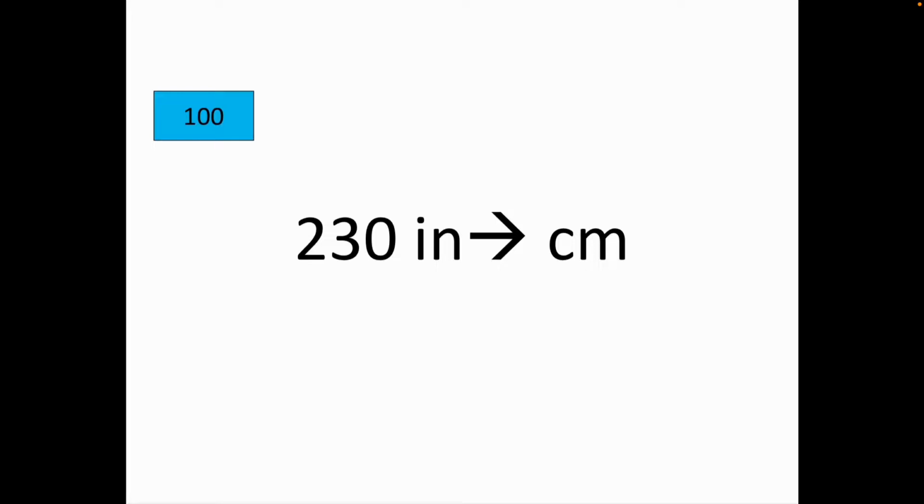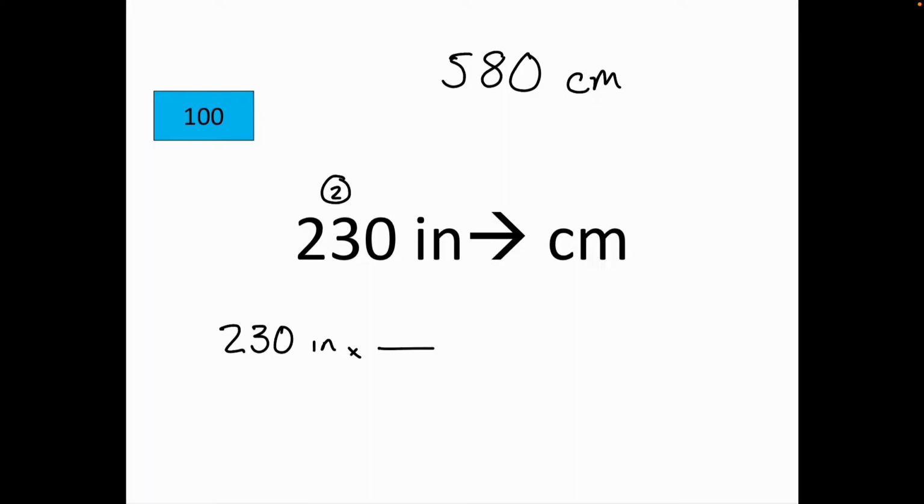All right, so let's see who's got it. So the correct answer is 580 centimeters. There's no decimal in this number, meaning it only has 2 sig figs. So starting out with what's given, 230 inches, I'm then going to look on my constants page and find my inches to centimeters conversion factor.